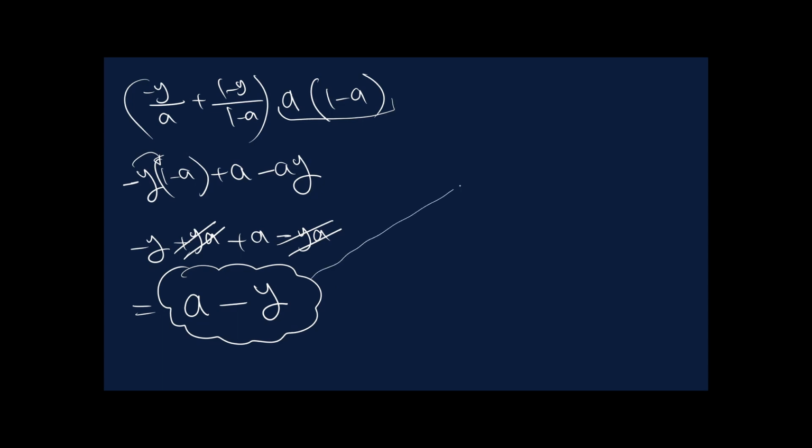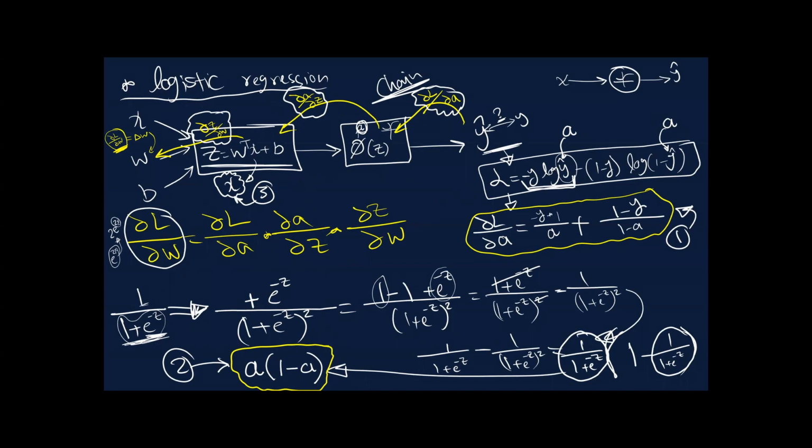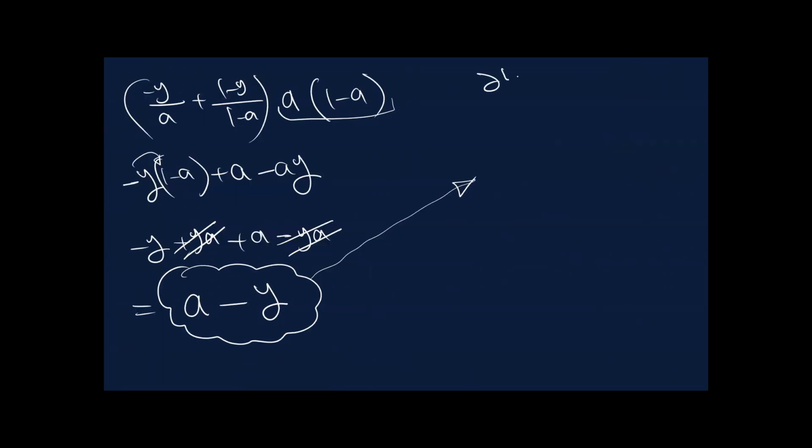So let's look at this because this is really nice, because we can just multiply this by x, and then we will be getting our weight update. So basically our weight update will be multiplying this a minus y by x.